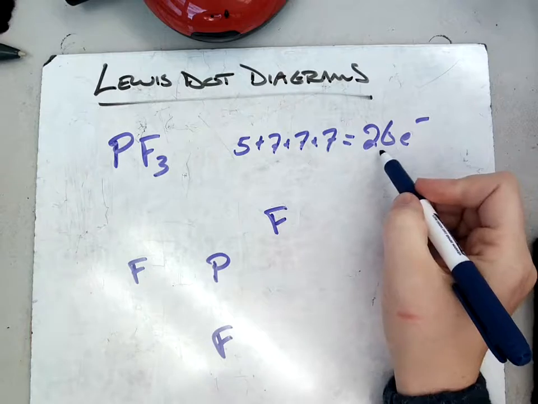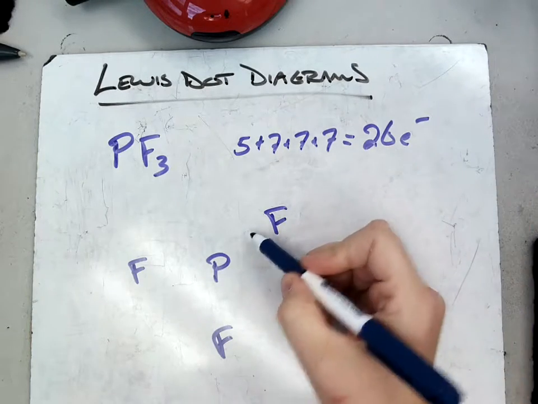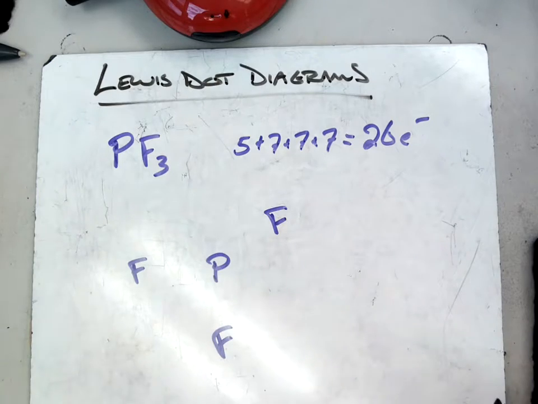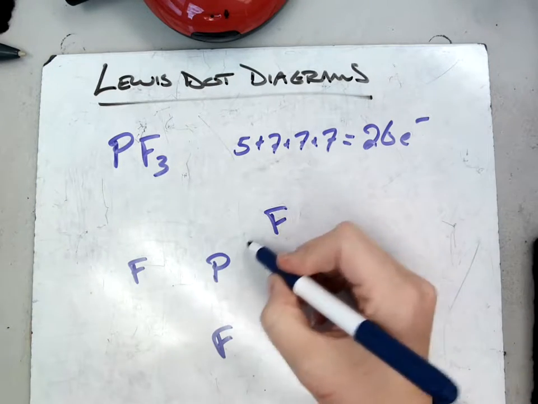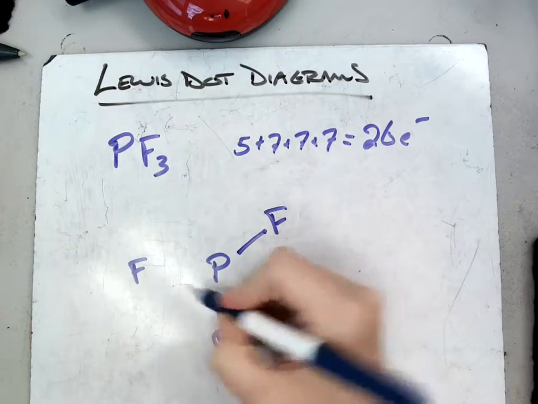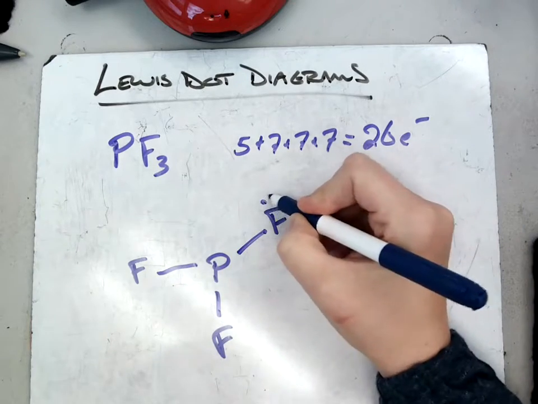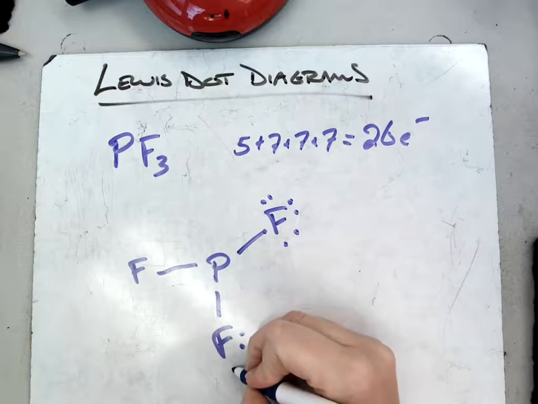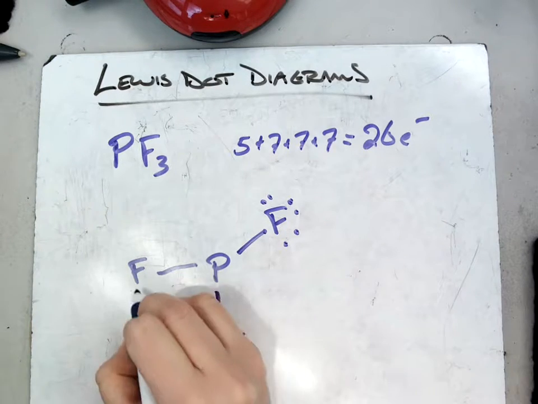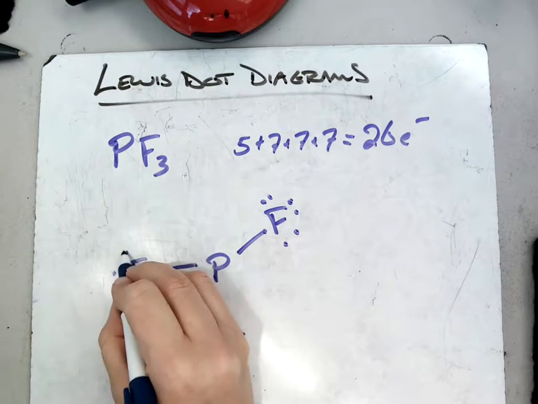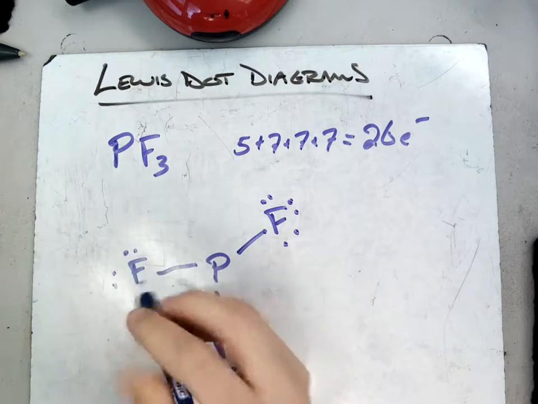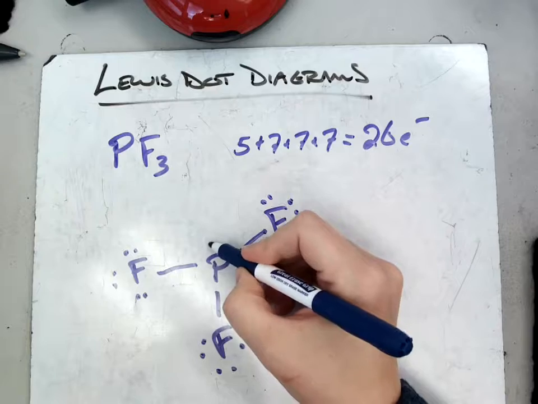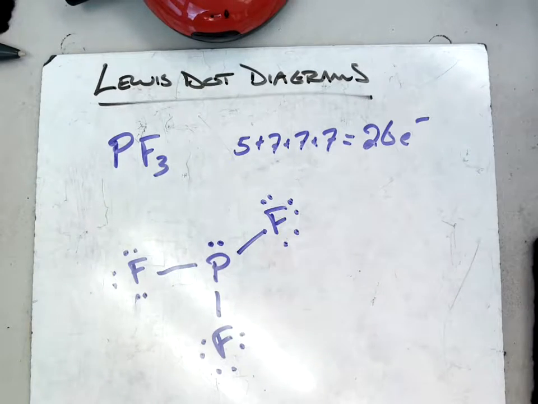Okay, now I'm going to use 26 electrons. Single bonds first, dots on the outer guys, and then dots on the central guy if I still have some. So here we go. 2, 4, 6, 8, 10, 12, 14, 16, 18, 20, 22, 24. I still have 2 more dots. I haven't got to 26 yet, so go ahead and give them to the phosphorus. He wants them.